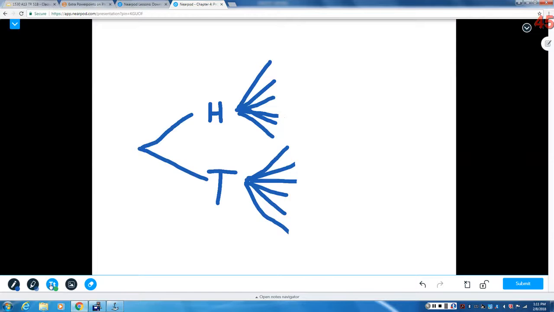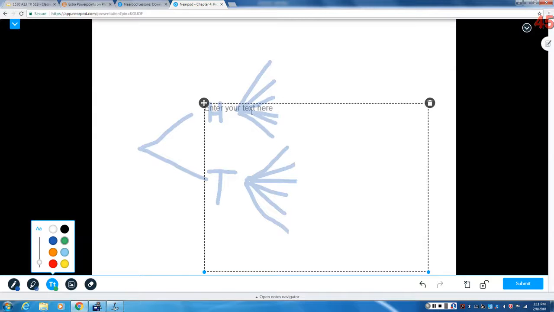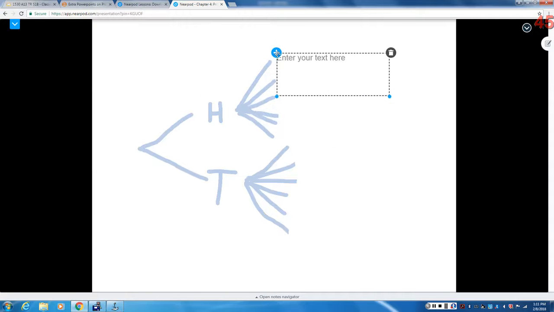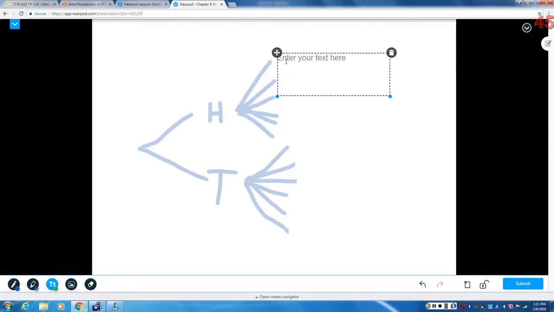You could also choose the text box and make it smaller, grab it, move it up here, and then you can type in like the 1, and you can choose the color, black. There we go.